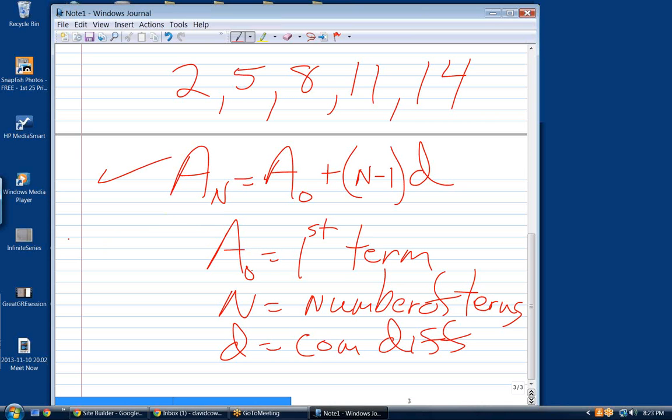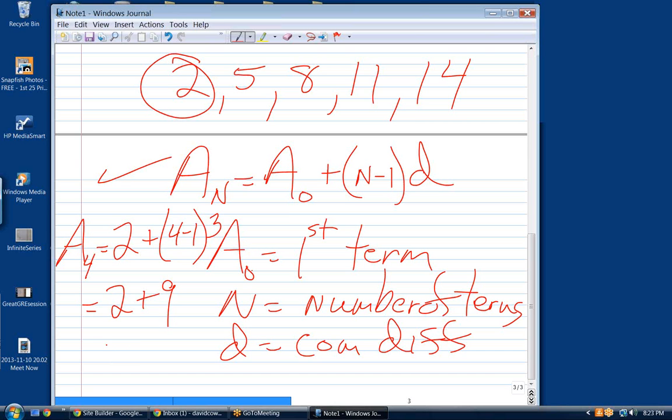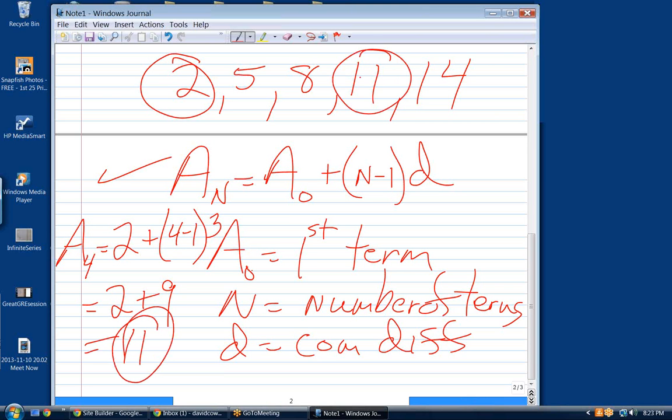The fourth term, a sub 4, is going to equal a sub 0, which is 2, plus 4 minus 1 times the common difference, which is 3. So that is 2 plus 9. The fourth term should be 11. And it is.